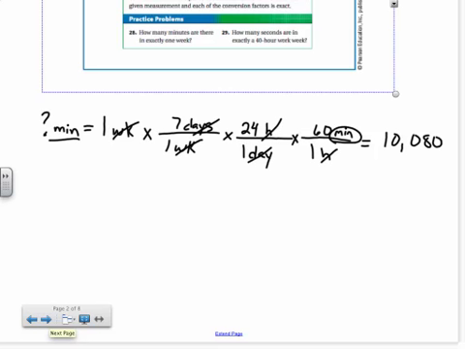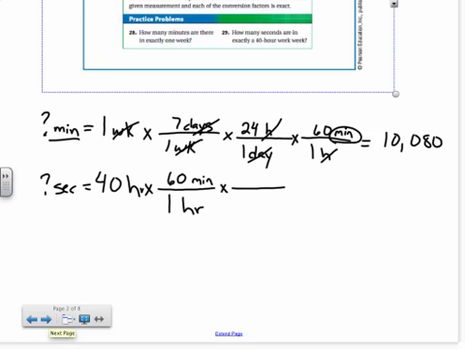29. How many seconds are there in exactly a 40-hour work week? So once again, how many seconds equals 40 hours? So convert first to minutes. 1 hour, 60 minutes. 1 minute, 60 seconds.